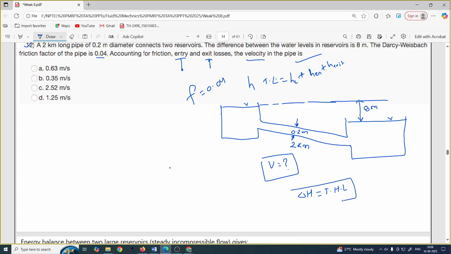Your head difference is 8, and the total head loss is FLV square by 2gD, that is due to the friction, plus due to the entry and due to the exit, V square by 2g and 0.5 V square by 2g.